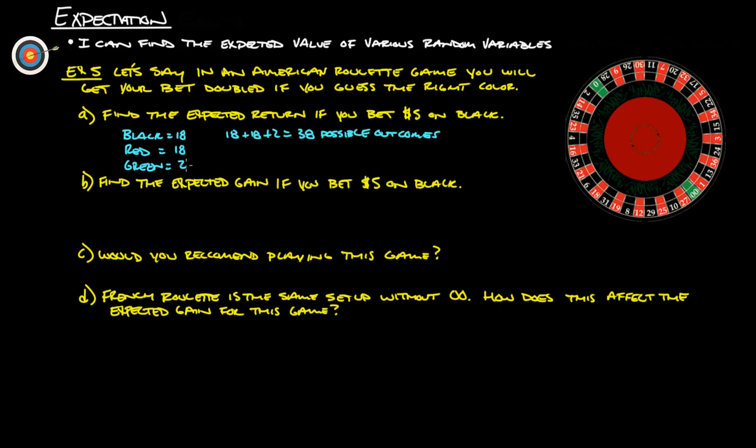So these three added together, 18 plus 18 plus 2, is 38 possible outcomes. How many of those are we going to win with? That is going to be 18 out of the 38, which gives us a little bit less than a 50% chance of winning. If we get one of those 18 out of the 38, our payout is $10.